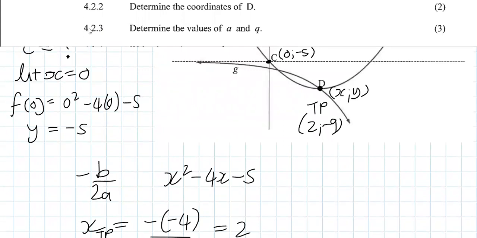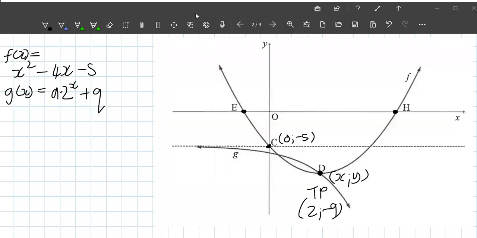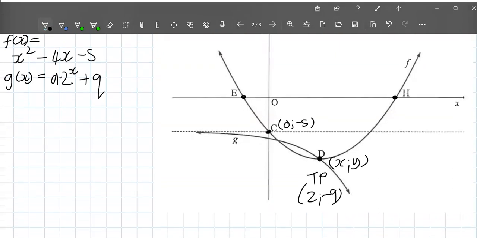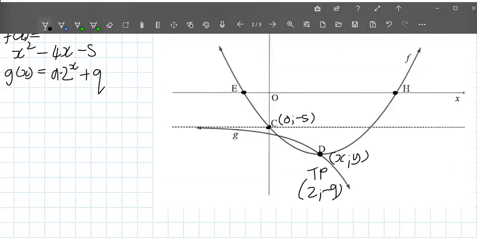Question 4.2.3 is to determine the value of a and q. Our a and q are over here, so they're in G. So G is some sort of exponential equation. And in an exponential equation in standard form, your q value is just going to be the y of the asymptote.